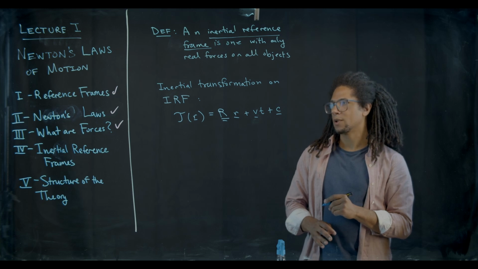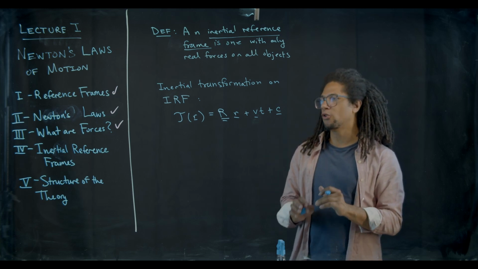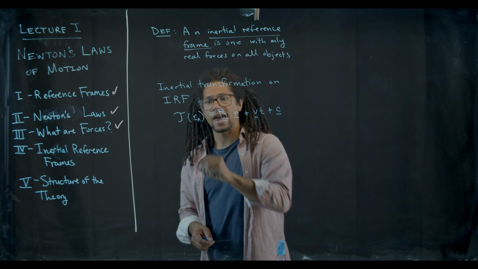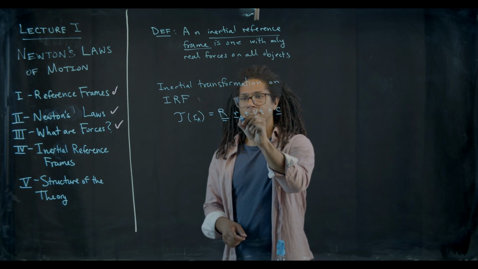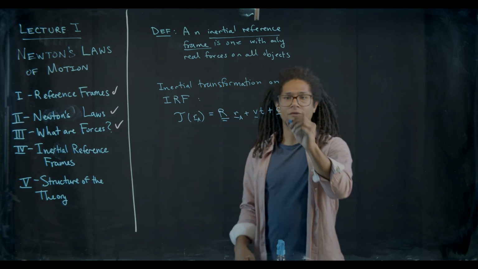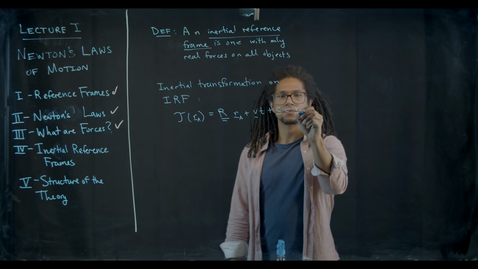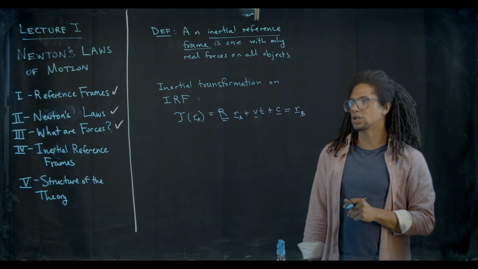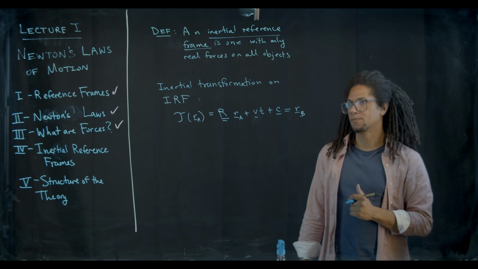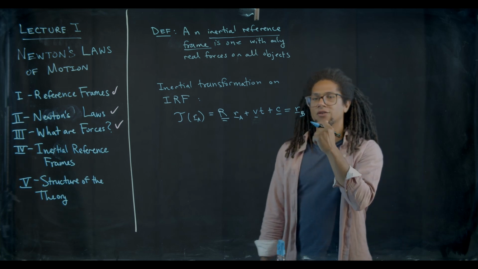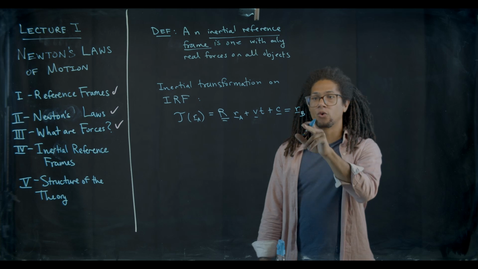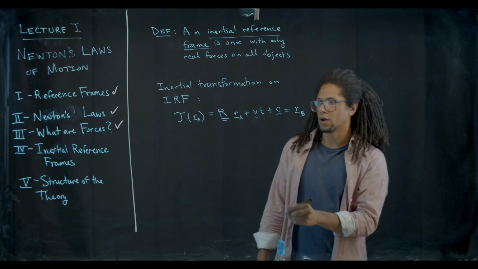All right. Now, just like we did before, let's give the name A to our original inertial reference frame. And let's say that the new reference frame is a reference frame B. So now let's invert this to solve for R_A. All right.